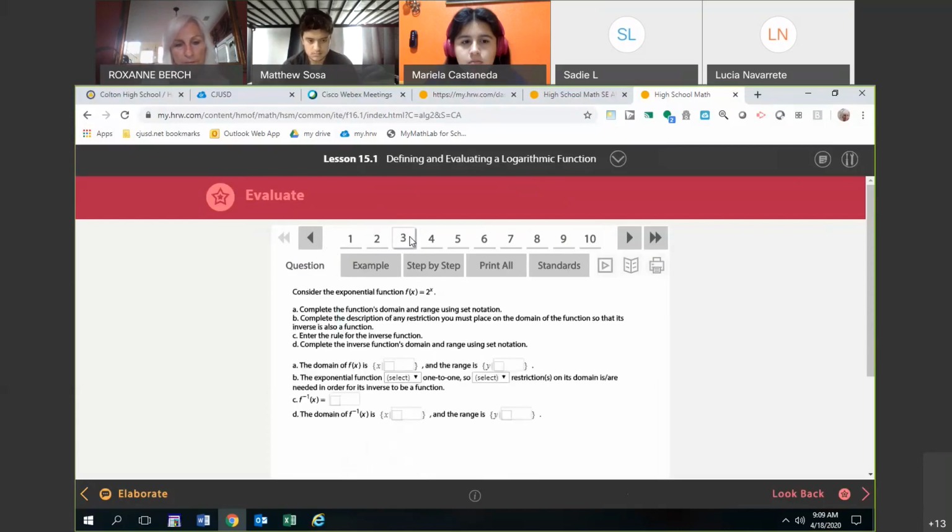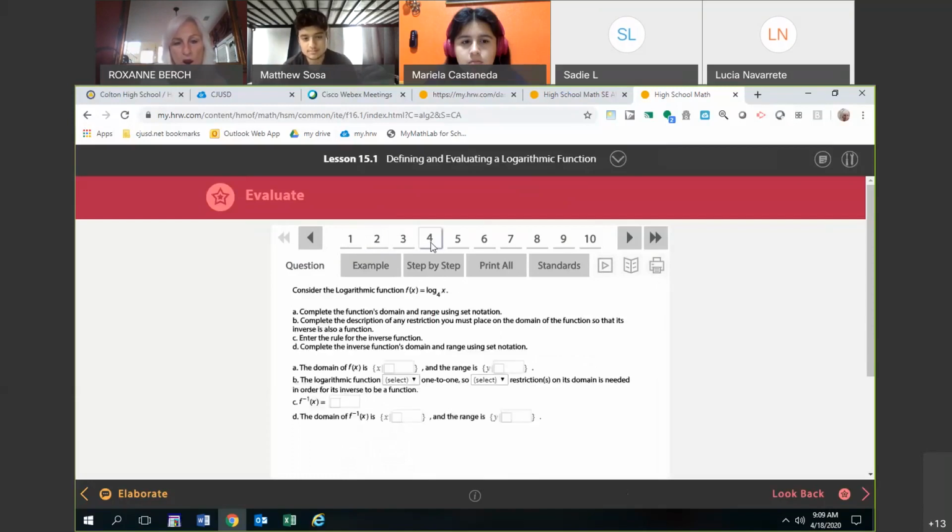Let's go to number 3. This problem I skipped. Number 4, this problem I skipped, once again because of the set notation.